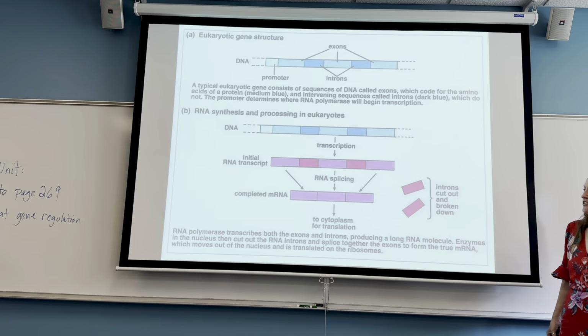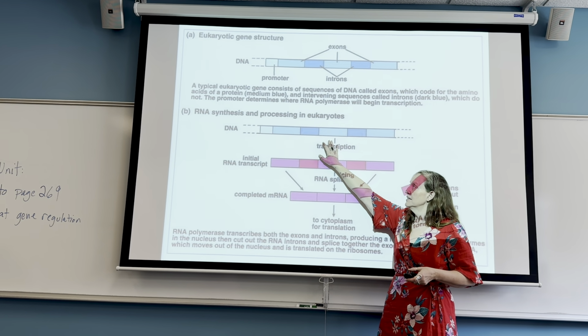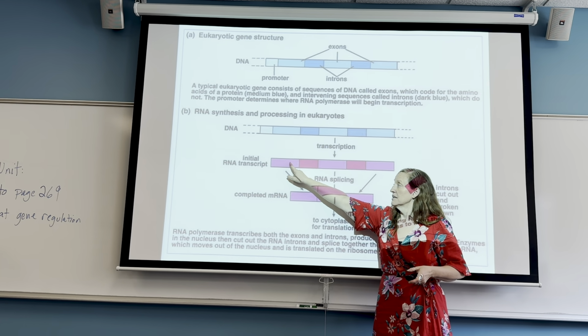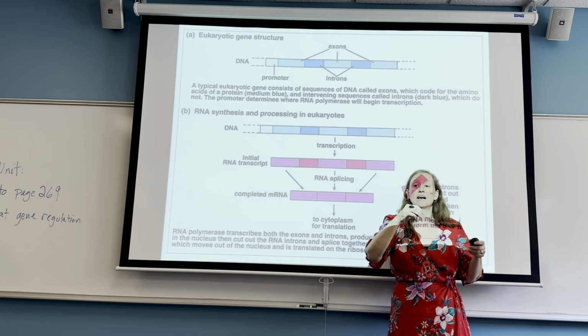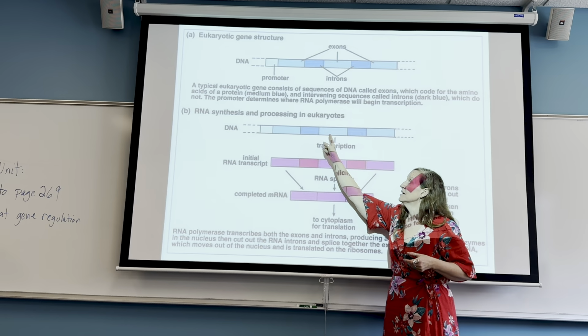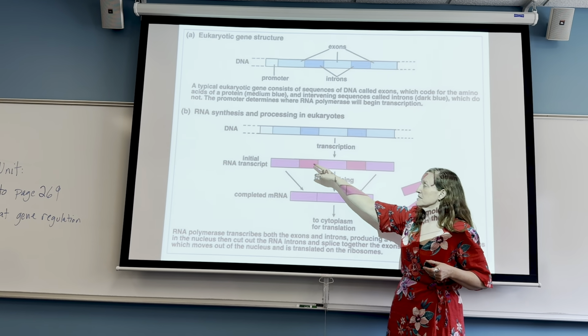So if this is our original DNA area, the lighter pink colors are the ones that actually code for the protein that that cell in particular needs, but the darker portions the cell does not need. You would have spliceosomes that splice out these introns.